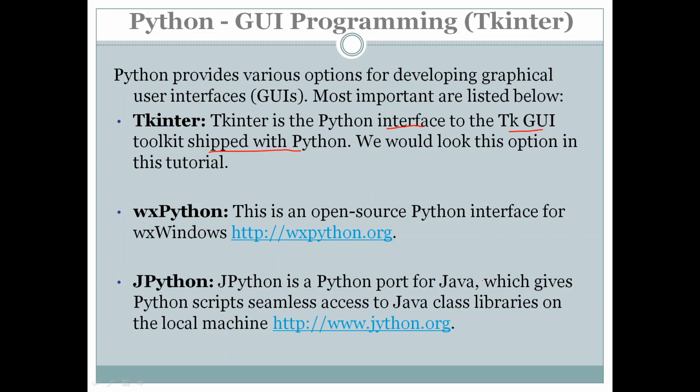It means Java libraries can also be used in Python by using JPython, which gives Python scripts seamless access to Java class libraries on the local machine. So these are some important libraries which can be used to create a GUI in Python, and we will be discussing the tkinter library.